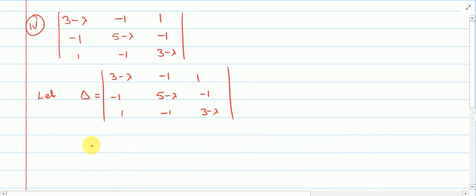So again, just by looking at it, I'm not able to see anything common, but I see that if this operation is done, when the second row is added to this, this will become 2, and then again when the third is added, this will become 3 minus lambda.